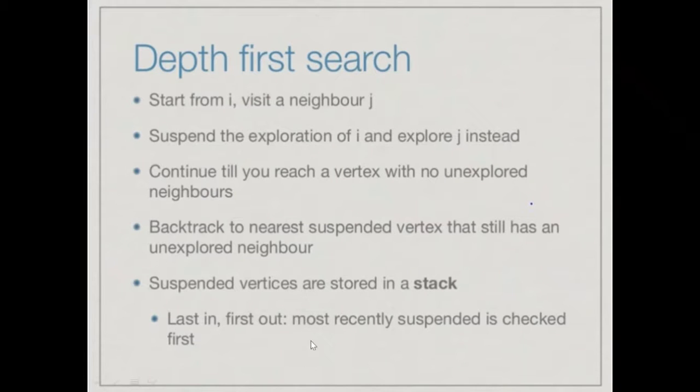So the most recent node that you have pushed onto the stack, which you want to explore at a further point in time, will be the first one to be picked out and explored now, if it has any neighbors left to be explored.